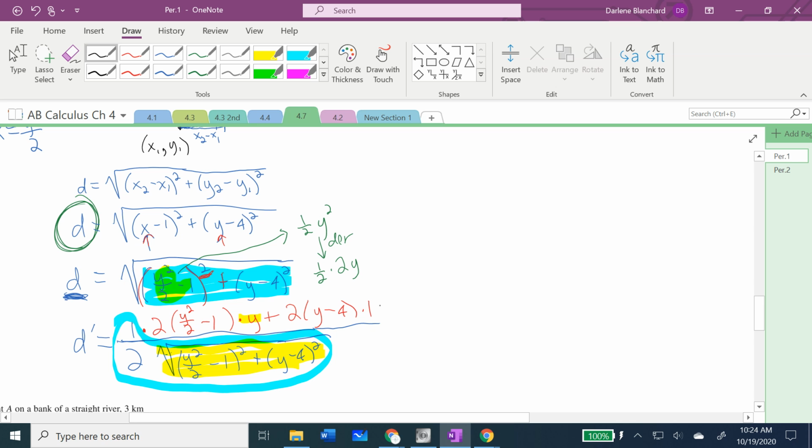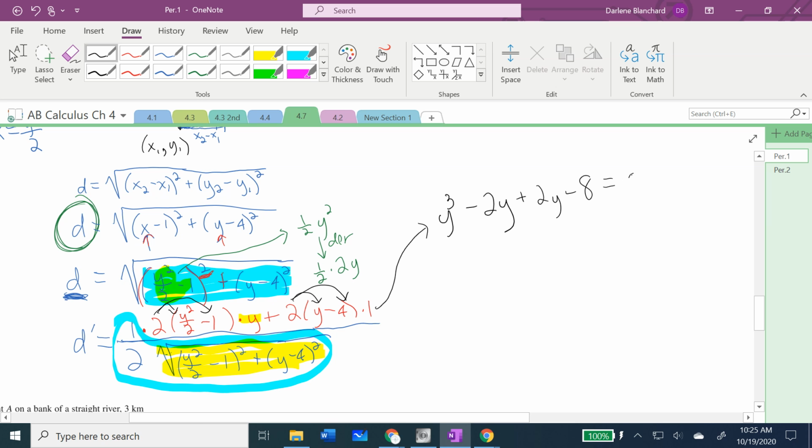So this numerator, I need to solve for what makes it 0. I'm going to distribute my multiplication of 2. That will give me y squared minus 2 times another y. And then distribute this 2.